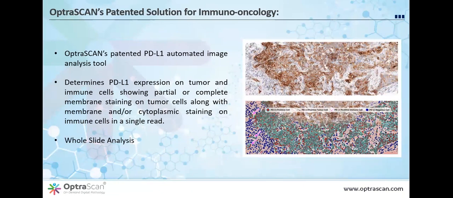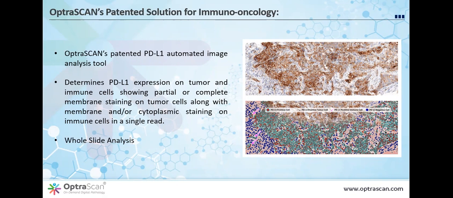So here are some snippets from our patented tool for PD-L1 analysis. This represents the input IHC image that you see on the top here, along with the outputs at the bottom, which contain colored overlays and legends representing critical components for PD-L1 analysis. Do not worry, all this will be elaborated and explained as I walk you through the tool specifics.